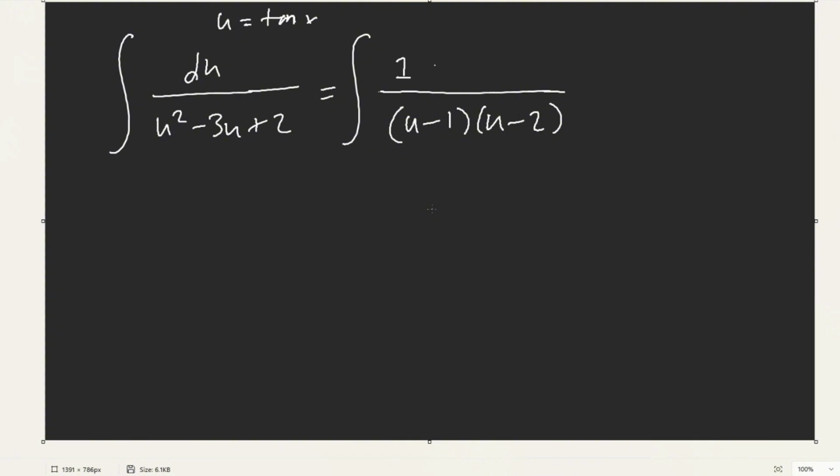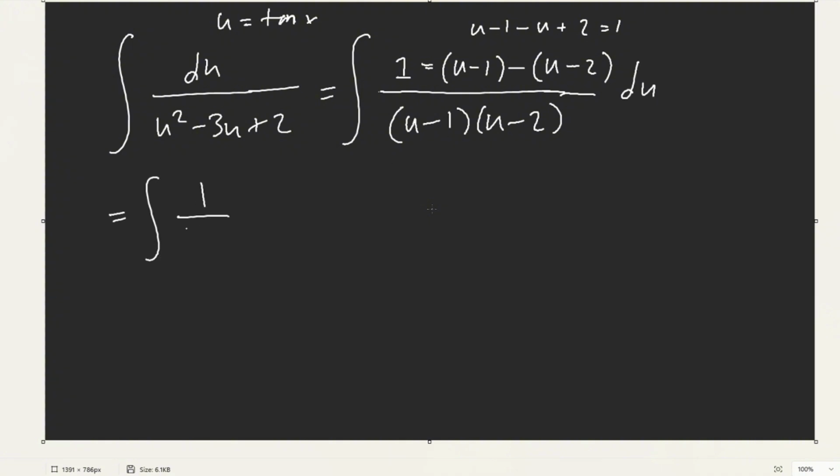So what we're gonna do is go like u minus 1 minus u minus 2. Because what this is, wait, that does equal, right? Yeah, this equals 1. So if they're 1 increment off, you can go like this. Now it's easier to see, this is u minus 2 minus 1 over u minus 1.